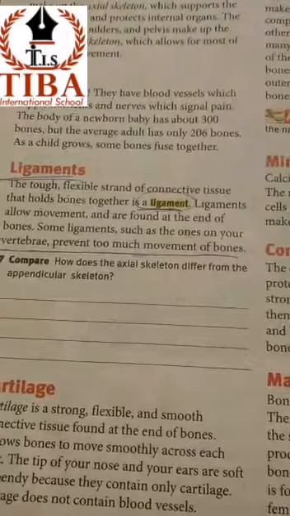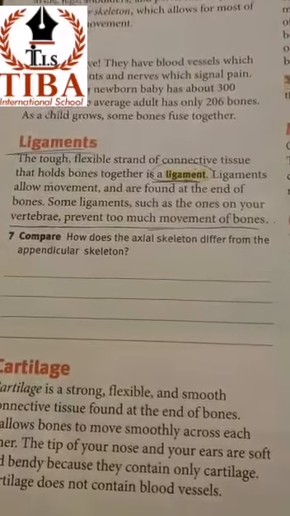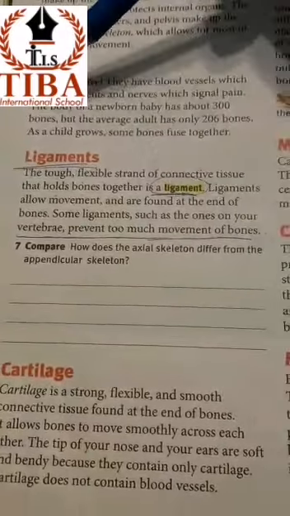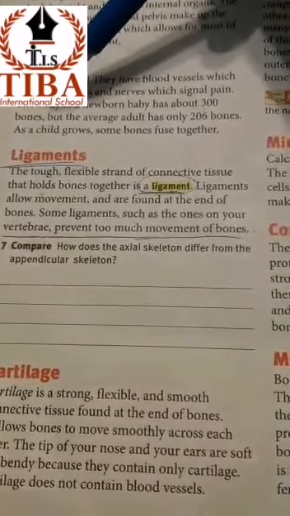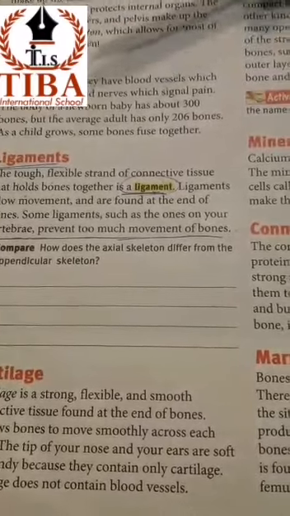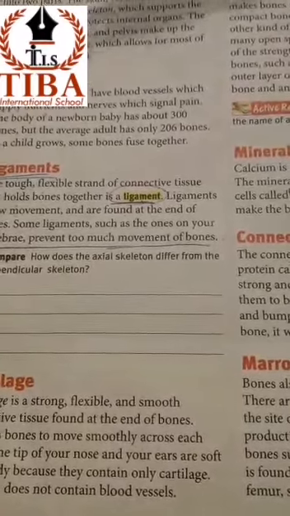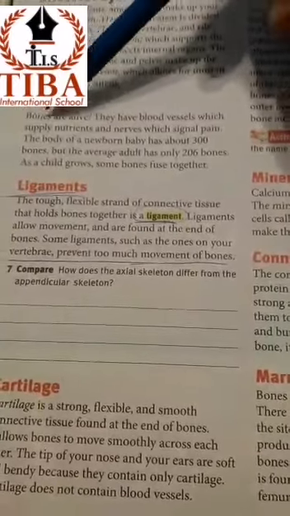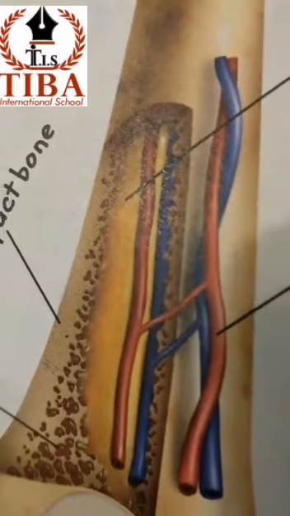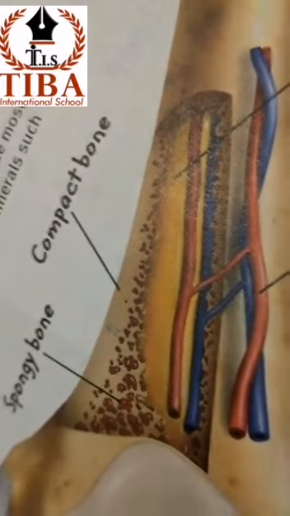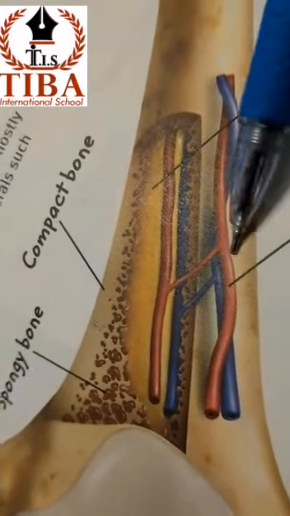If we talk about the bones, do you think bones are living or non-living? Of course, they are living. Why? Because they are growing, right? Just as we grow, our bones grow too. Also, they are supplied with blood vessels, which is another evidence that they are a living structure.